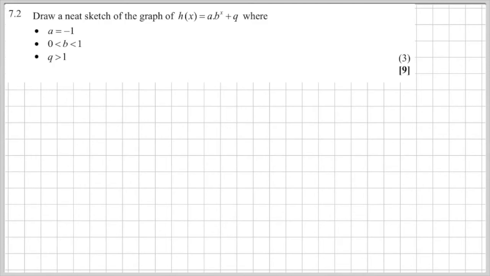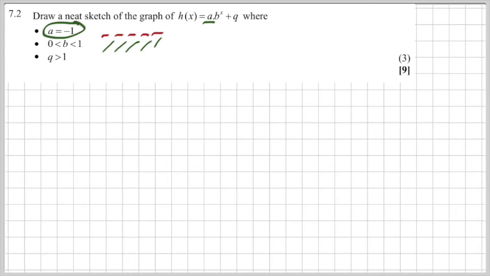So what do I know? Let's start with a being negative 1. That means if I've got my asymptote, that a value is in front of the exponential part. So in other words, it lies below the asymptote. That is what a equal to negative 1 is telling me.